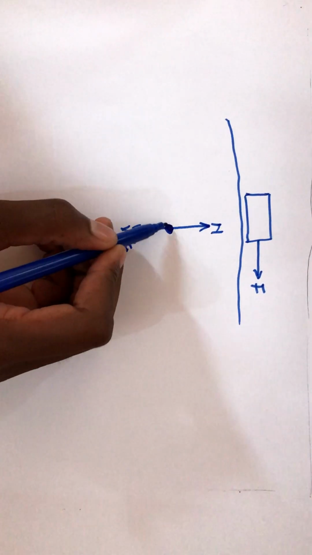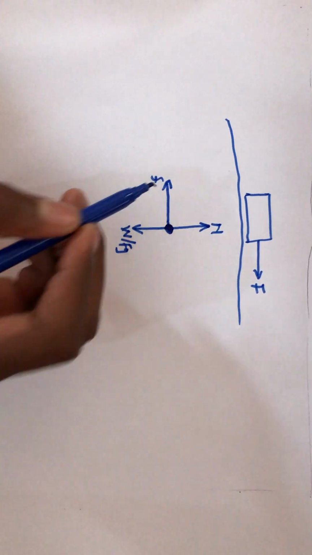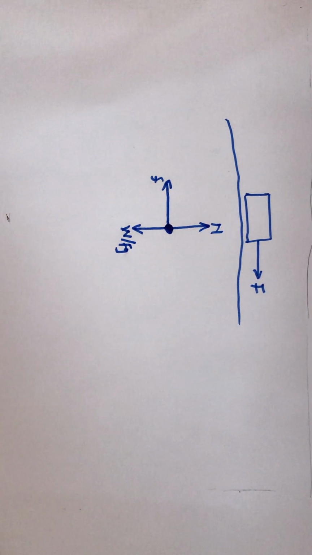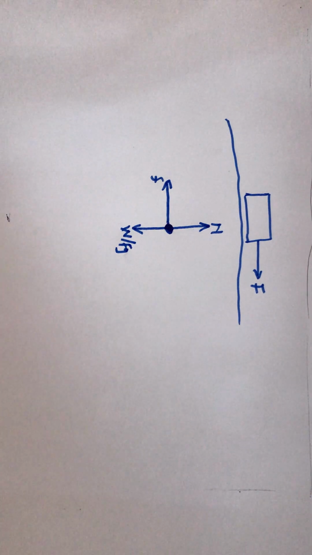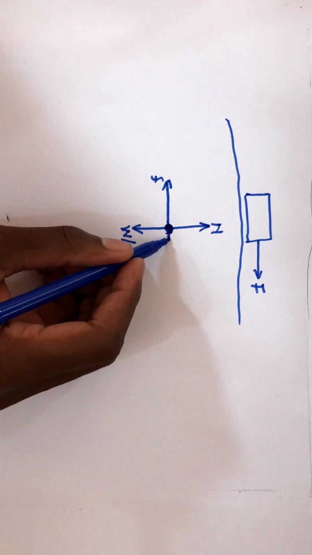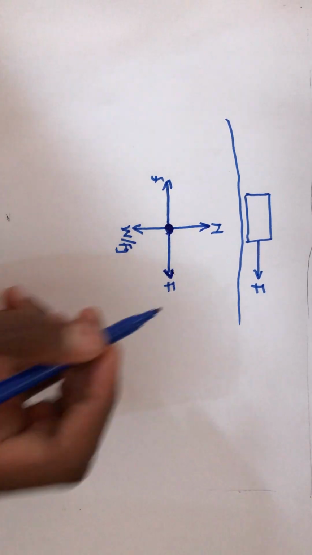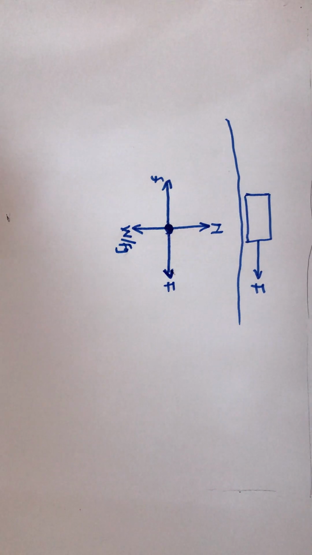So we have frictional force going that direction. Remember, frictional force is always the force that opposes the motion of an object. And then we have the applied force going in this direction. So we call it F.